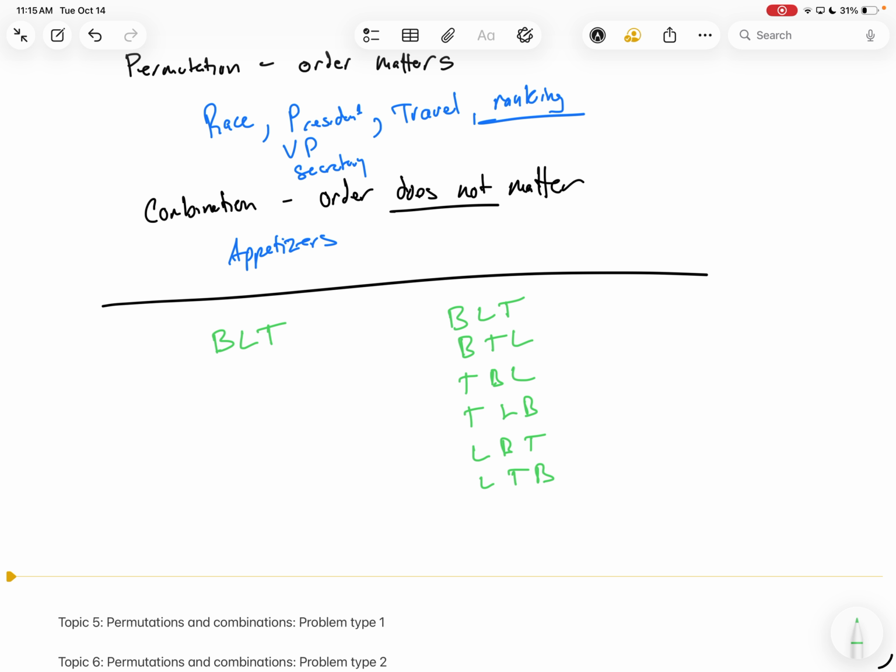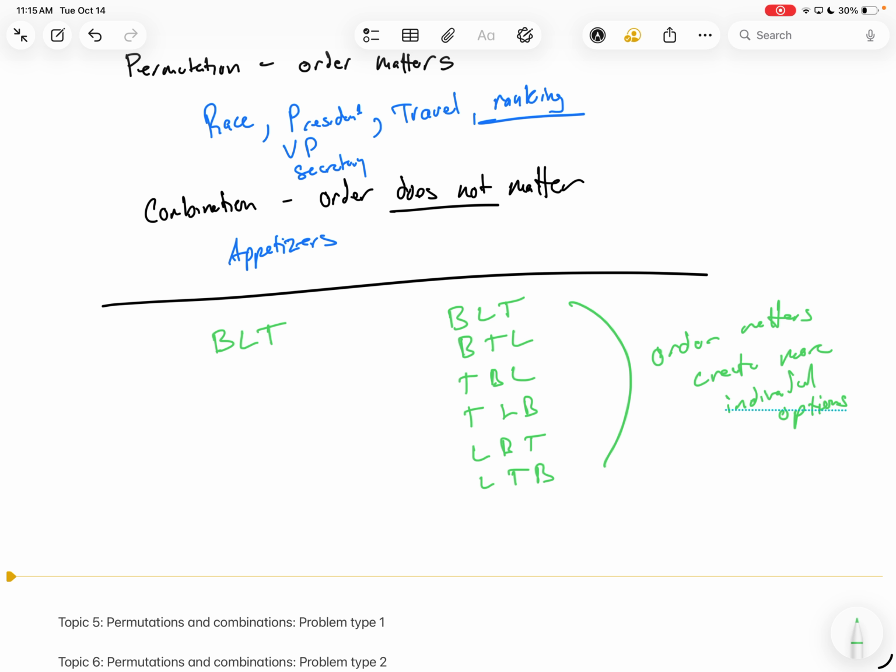So when the order matters, it creates more individual options. Okay, so that's why it makes sense.